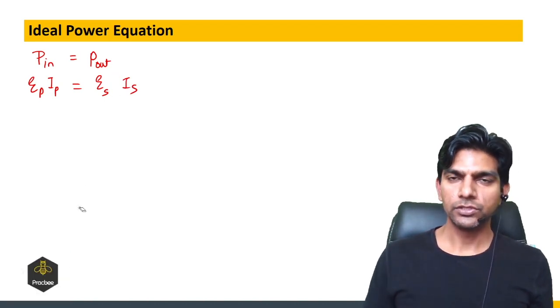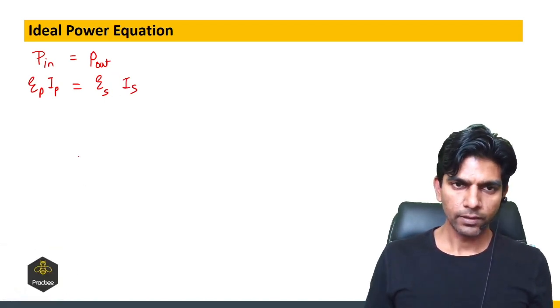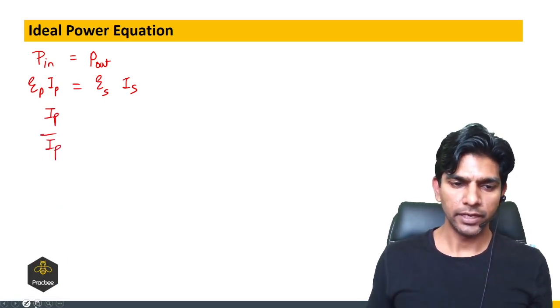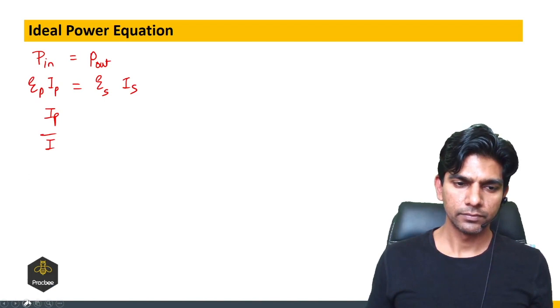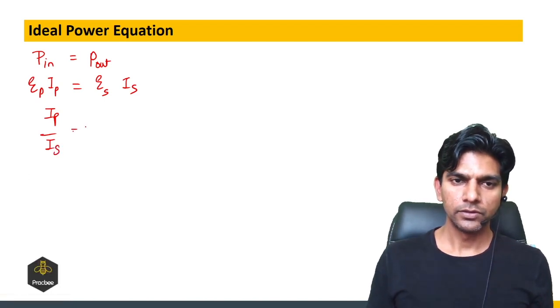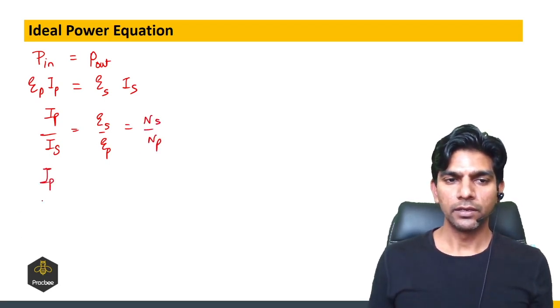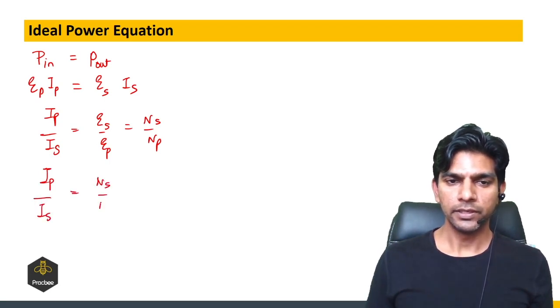Now from this equation, we can find the ratio of the current in the two windings, IP by IS. So this will be ES by EP, and we know that ES by EP is nothing but NS by NP. So IP by IS will be NS by NP.